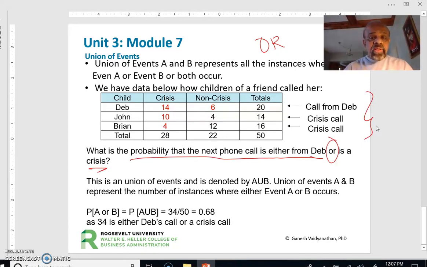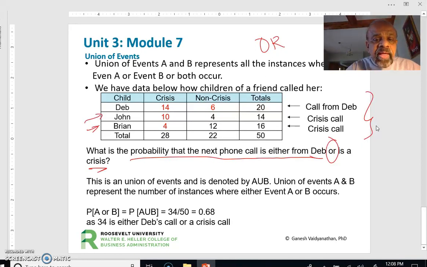So in this case, the phone call can be from Deb, or a phone call can be a crisis phone call. That means John's crisis phone calls, Brian's crisis phone calls has to be taken into account. So the total outcome will be all the phone calls from Deb, because I said either from Deb. So all the phone calls from Deb, or the crisis calls from Deb, John, and Brian.